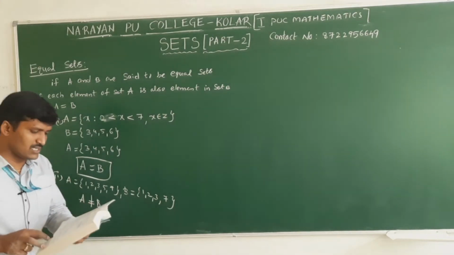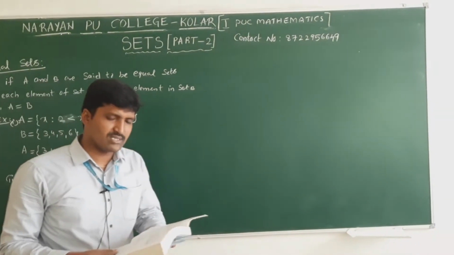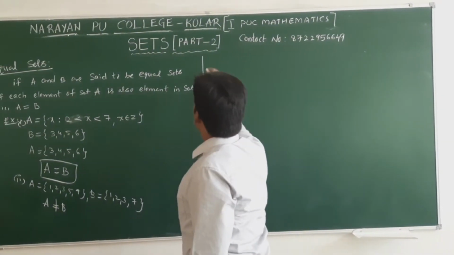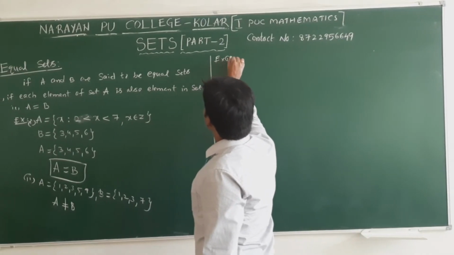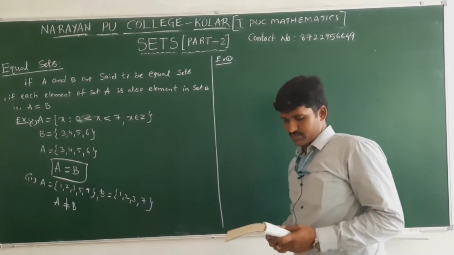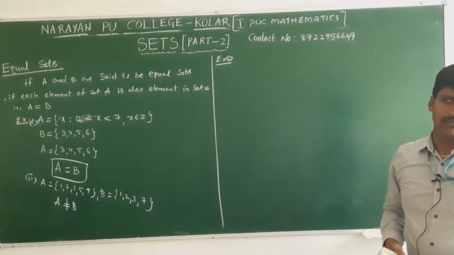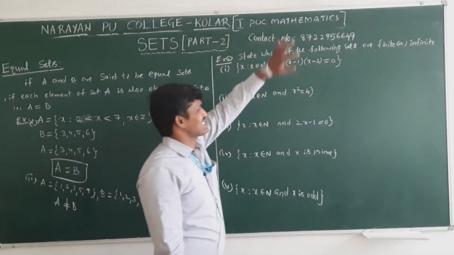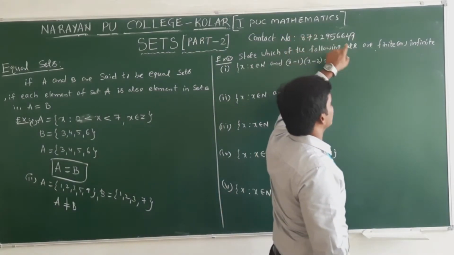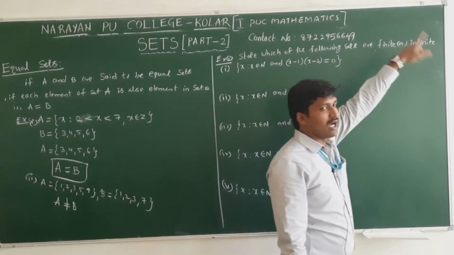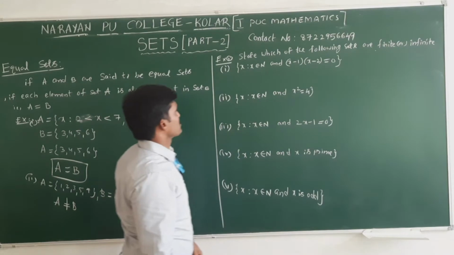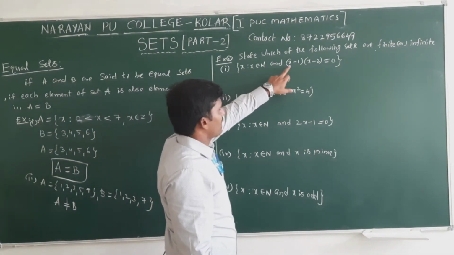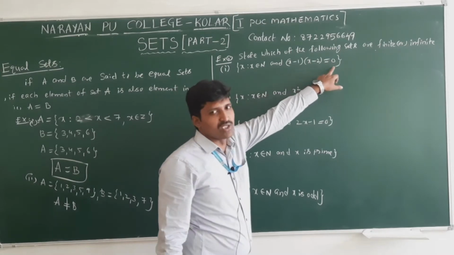Now we will discuss some examples related to this. Example 1. State whether the following sets are finite or infinite. First question: X such that X belongs to natural numbers and (X minus 1)(X minus 2) equals 0.